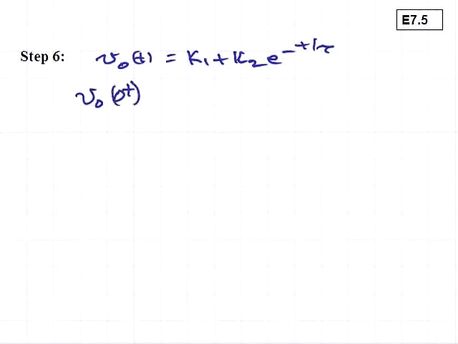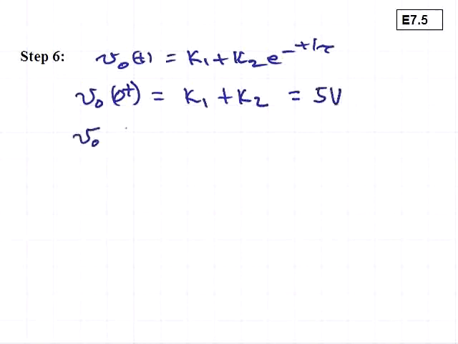In step 6, we put all of this together. Recall that we assumed that VO of t was equal to K1 plus K2 e to the minus t over tau. So we have VO at 0 plus in this expression is equal to K1 plus K2, and we found that that is equal to 5 volts.